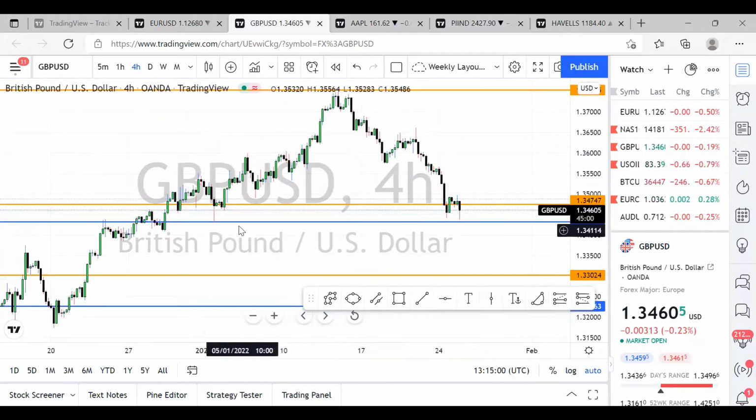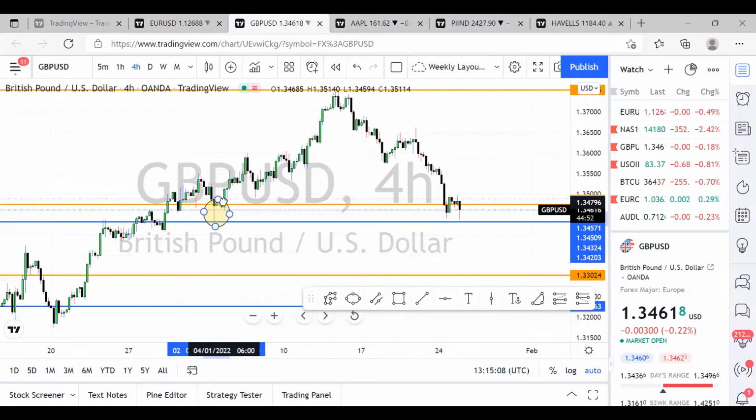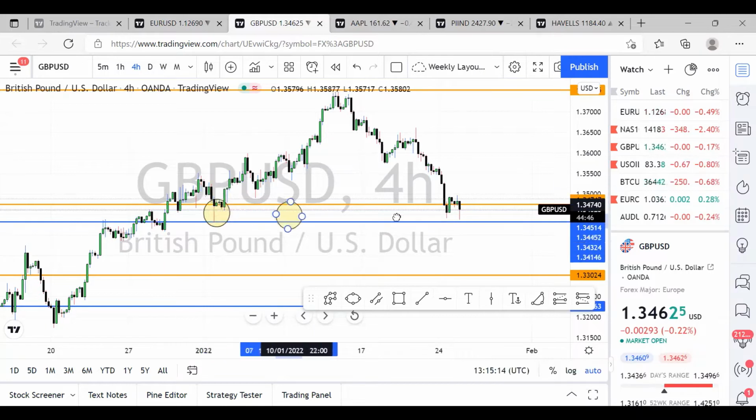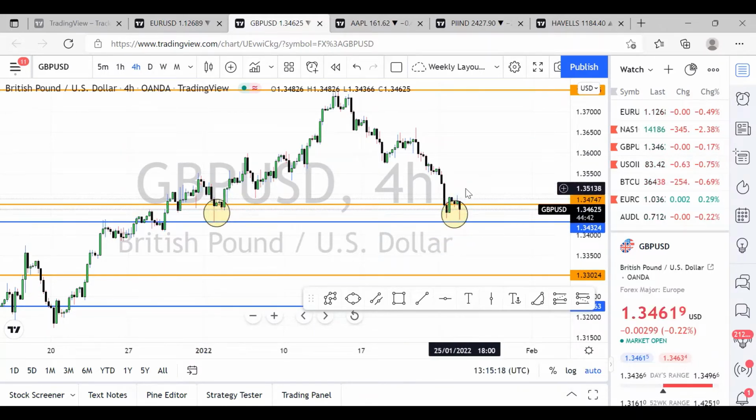So we've got quite a few rejections. So we had a rejection in this particular zone quite a while ago. Okay, and this particular zone itself has, in the same area, stopped price from going down as well.